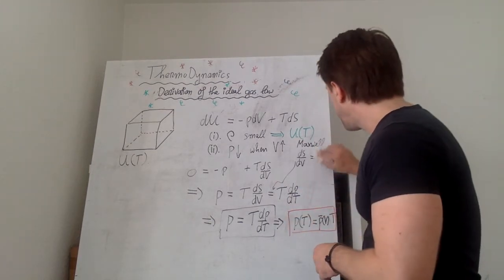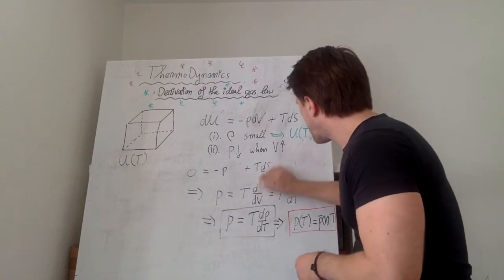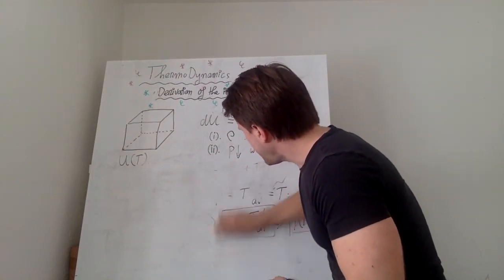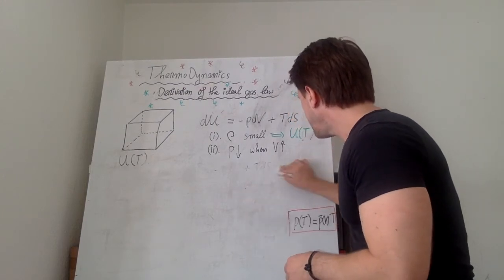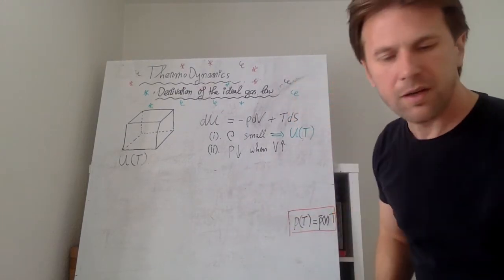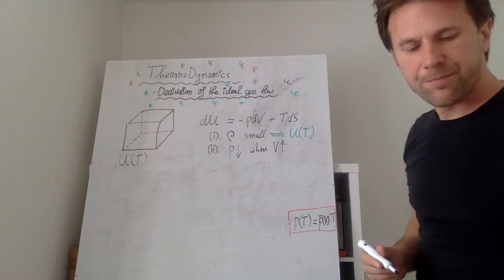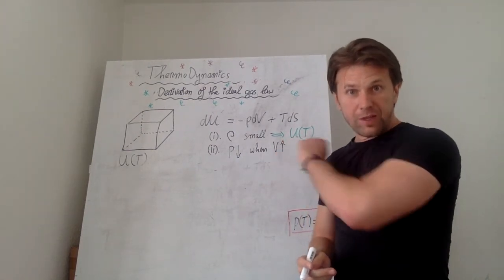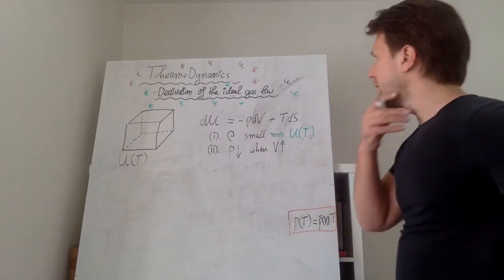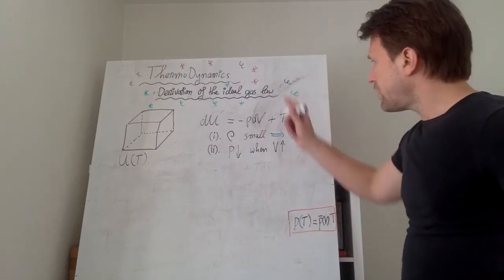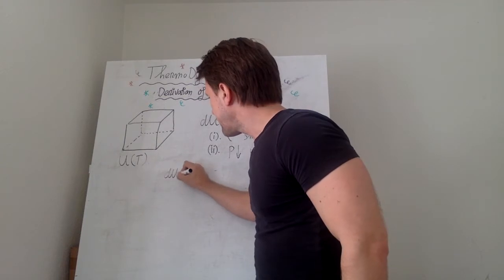And I'm going to remove all of this to make some space. There we go. And let's see if I can get the volume part out. Now note that I haven't used the second assumption yet, and it's the second assumption that will tell us the volume part. I'm going to start with the first law again, so let me copy it one more time.